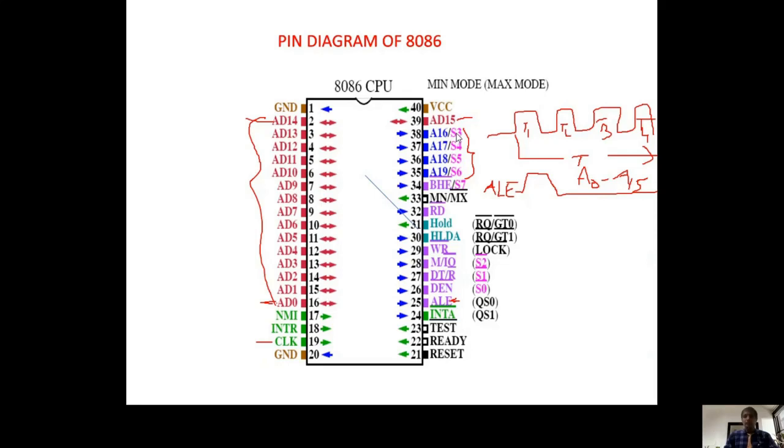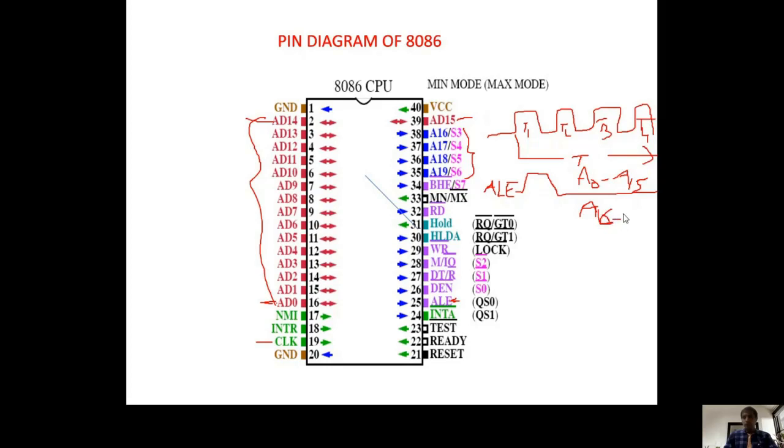Here we separate the four multiplexed lines into pure address lines and pure status lines with the help of another latch and the ALE signal. Here also ALE should be high during the first part of the machine cycle, and low for the remaining time. Because of that arrangement, we get four more address lines in addition to A0 to A15. So with the help of another latch, we get four more address lines, A16 to A19.